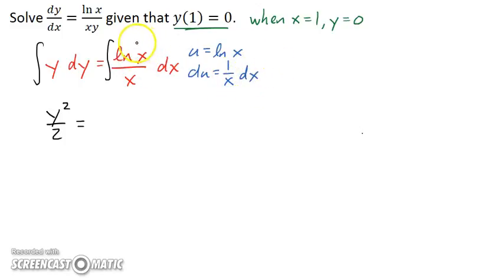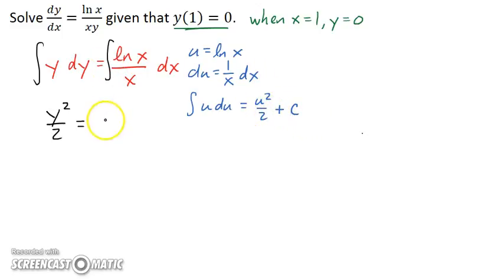And I think that this is now just the product of u and du, ln times 1 over x dx. So all I've got here is the integral of u du, which is u squared over 2 plus some constant.